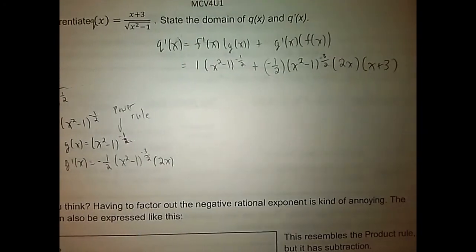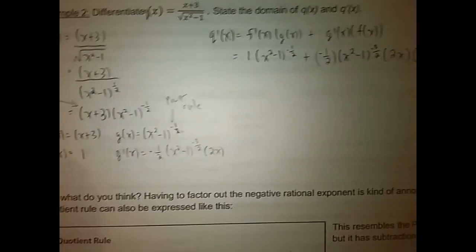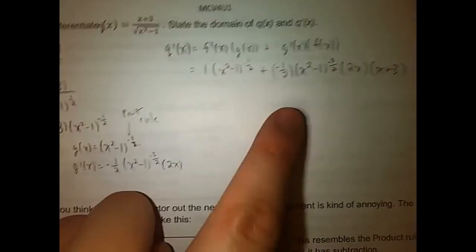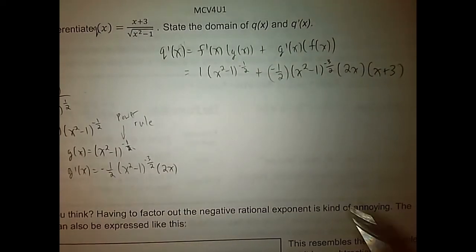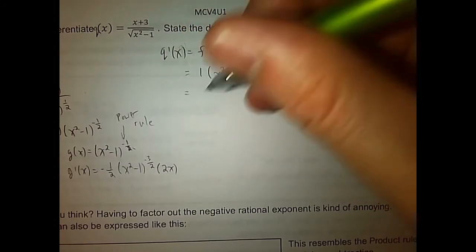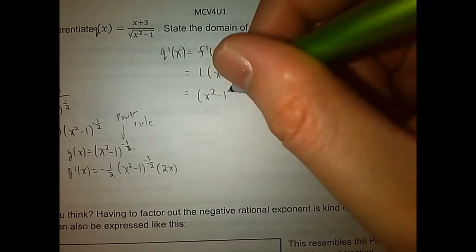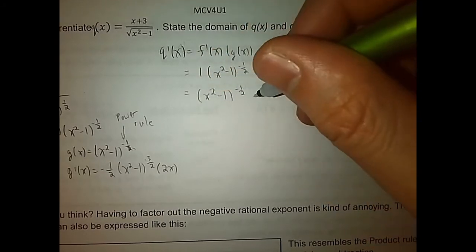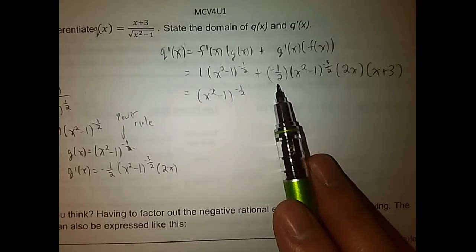So I'll move it over now. I just wanted to let you know how we got what these are. Got these from here. Just put them in here right now. My next step is just to kind of clean up what's going on here. So just collecting up, we don't need to have the 1 there. I'll just get rid of that. And then we have negative 1 over 2 times 2x.